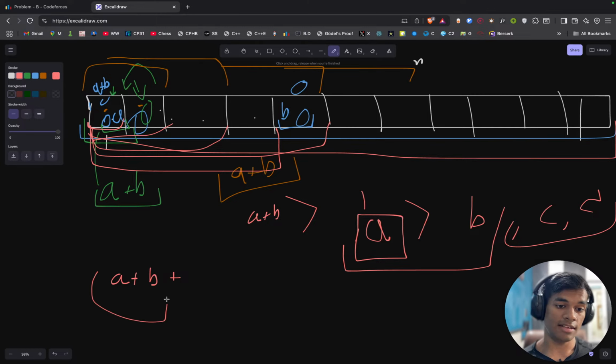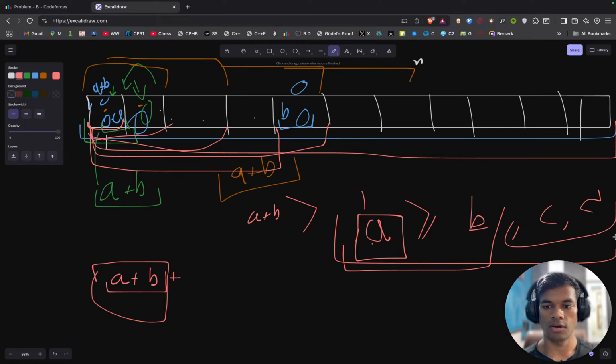But I know at least I'm adding these two when a is greater than b, or maybe even equal to. So in this case, this whole sum cannot be smaller than a plus b, because I am at least adding a and b and then the sum.